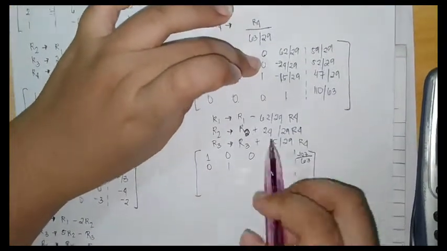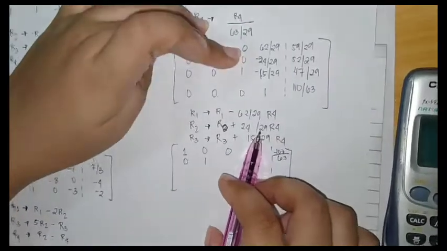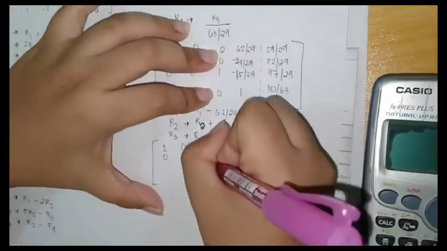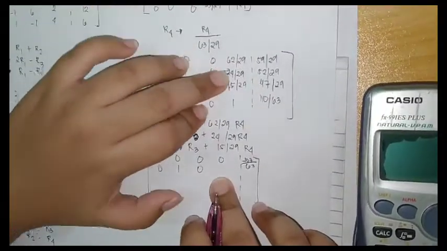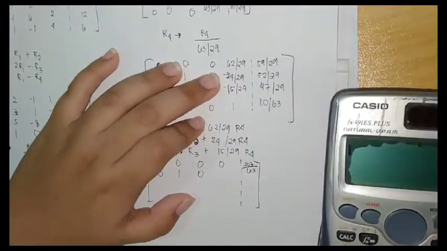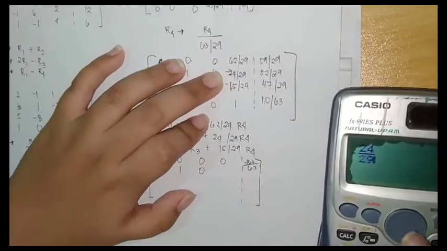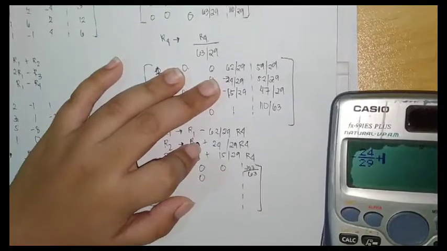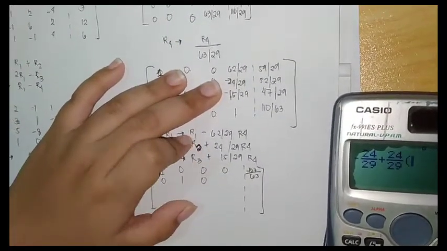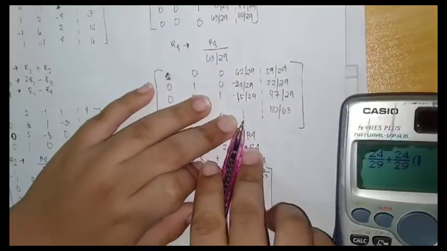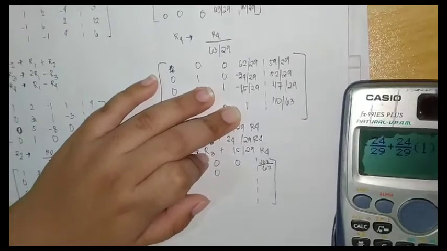And here 0 plus 24 over 29 times R4 is 0, still 0. And negative 24 over 29 plus 24 over 29 times R4, 1, is equal to 0.